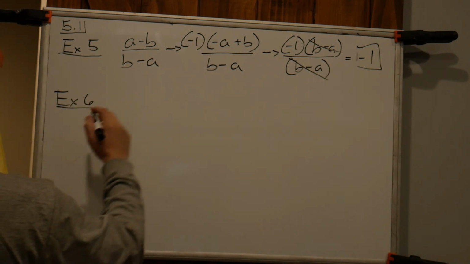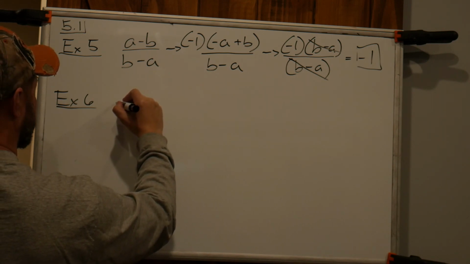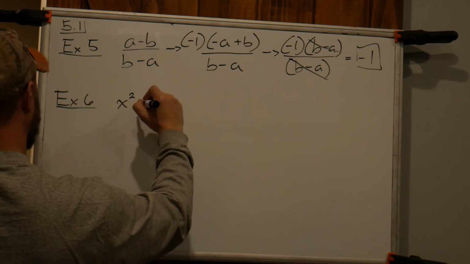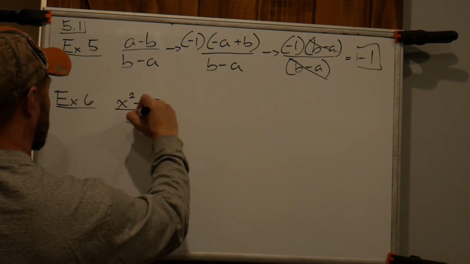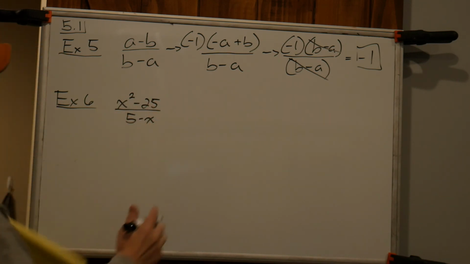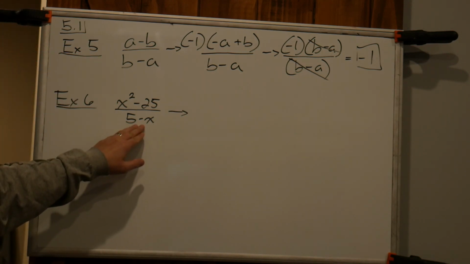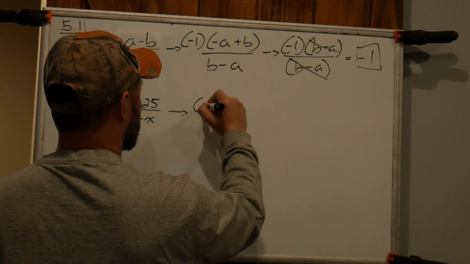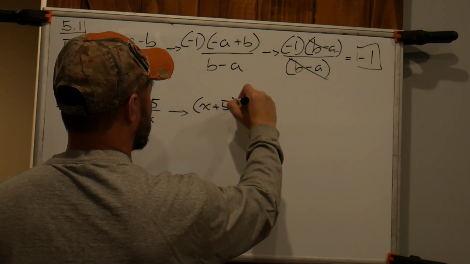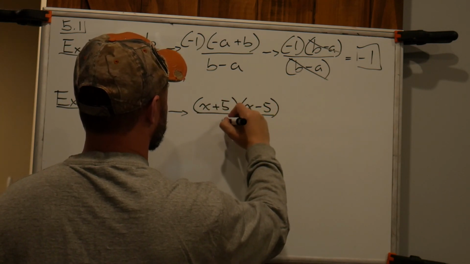Alright, example 6 now. I'll go up here and then work down. They give us this. Step 1 is, this one's factored out, so I'm leaving it. But up here, I have a perfect square minus a perfect square, so very little effort involved.